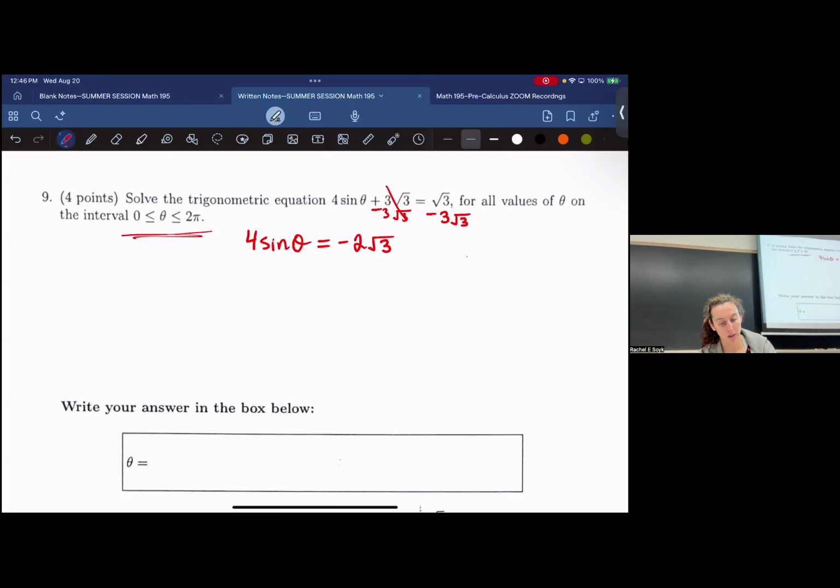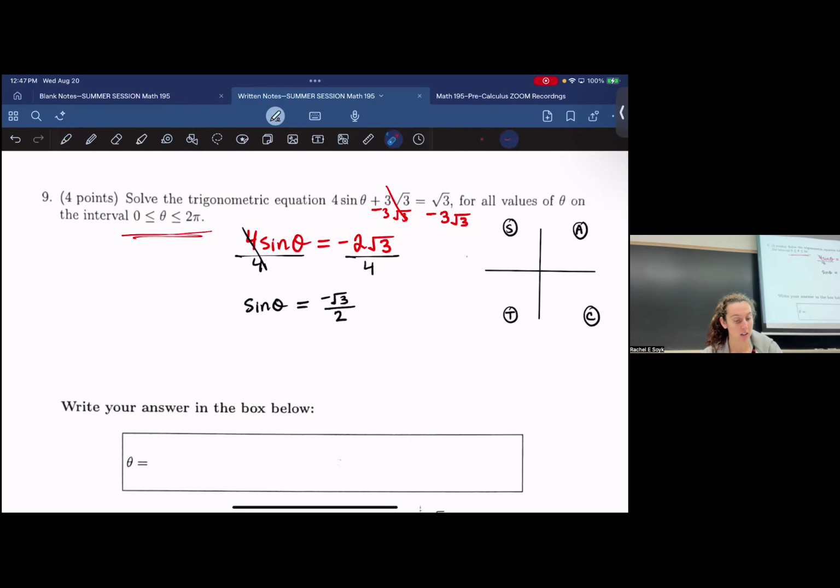Now we can divide both sides by 4. So sine of theta is equal to negative 2 over 4, which is the same as 1/2, so we get negative square root of 3 over 2. Let's draw out our quadrants: All Students Take Calculus.